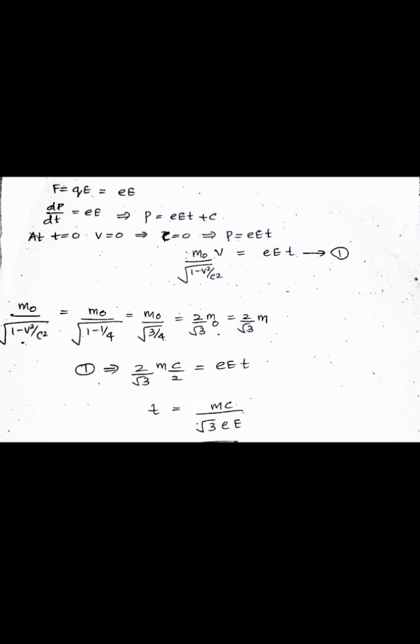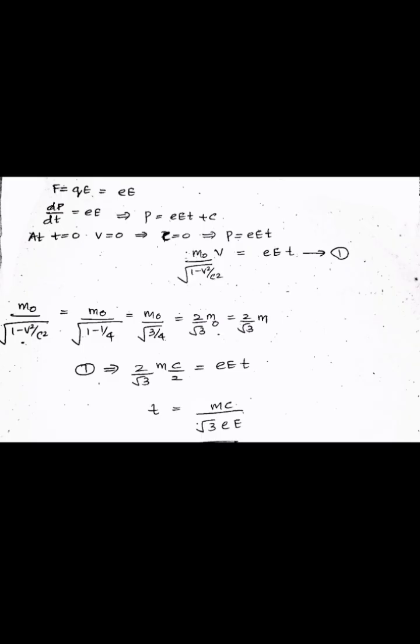That is M naught divided by square root over 1 minus V square by C square is equal to M naught divided by square root over 1 minus 1 by 4, because here V is equal to C by 2. So this is equal to M naught divided by square root over 3 by 4. This is equal to 2 by root 3 M naught.